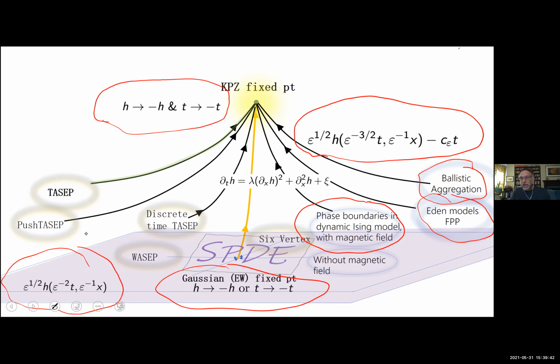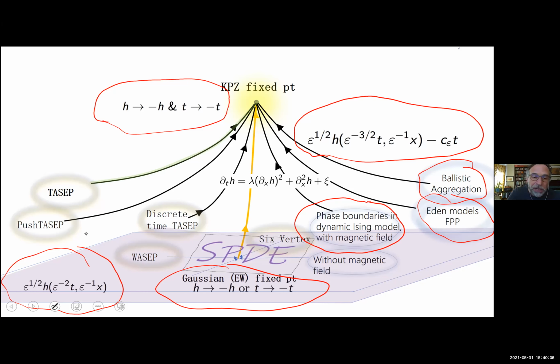And then you could set a magnetic field. So one of the two, let's say the minuses, is preferred, and the interface would grow because of the magnetic field. And the more stable phase would invade the unstable phase. And the fluctuations should be given by this KPZ fixed point.